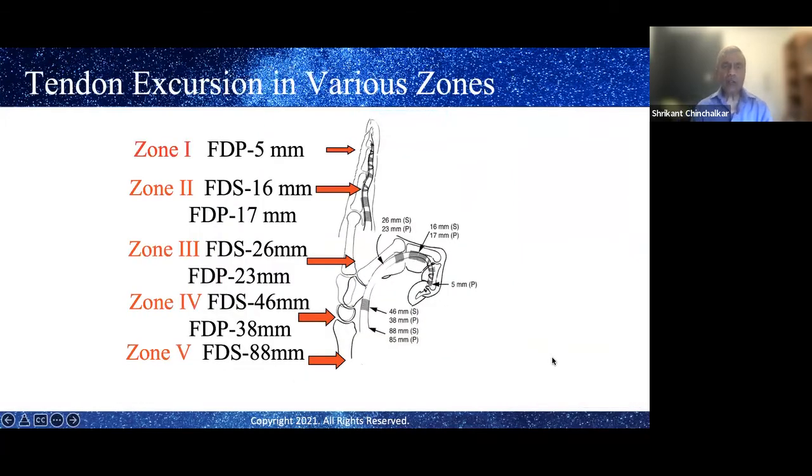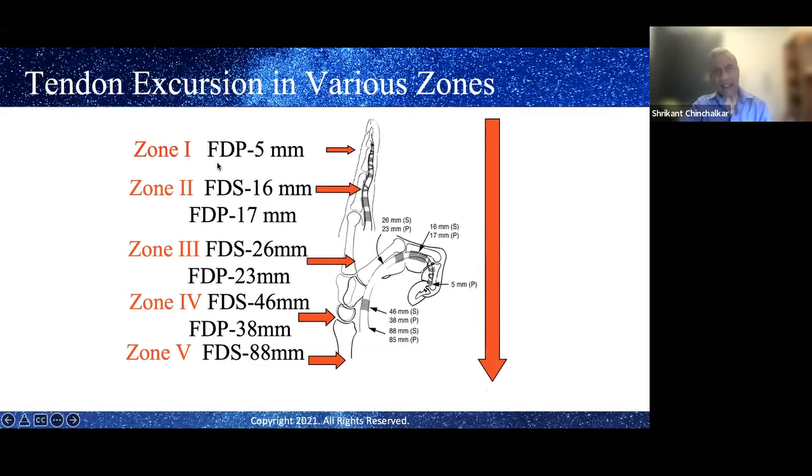If we pay closer attention to how much excursion these tendons have, we can say that zone 1 has 5 millimeters of tendon excursion. This is according to Verdan, who identified this back in 1960. Gradually, as the tendons come proximally, the excursion increases significantly.